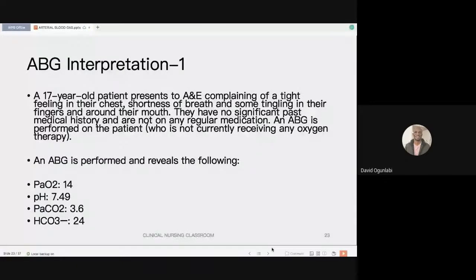Okay, let me ask that as a question. Someone that has not spoken before should answer this question. If there is respiratory alkalosis, what response do you expect to see in the bicarbonate if it is compensating? Will you expect that the bicarbonate will be high or low in respiratory alkalosis?